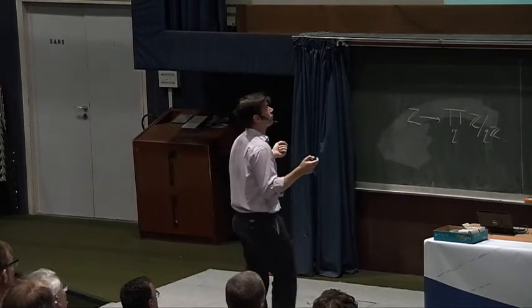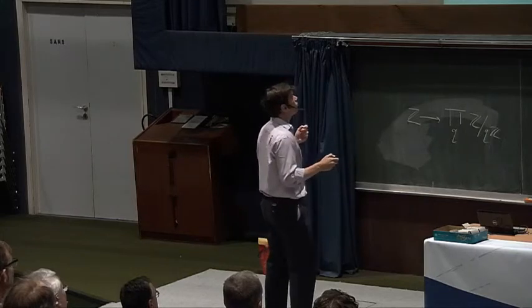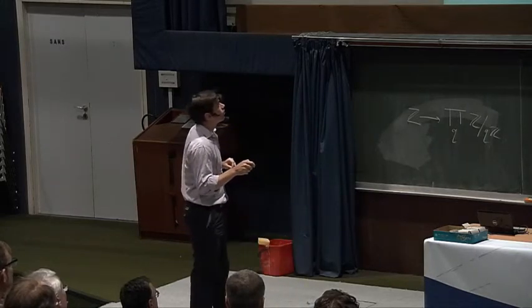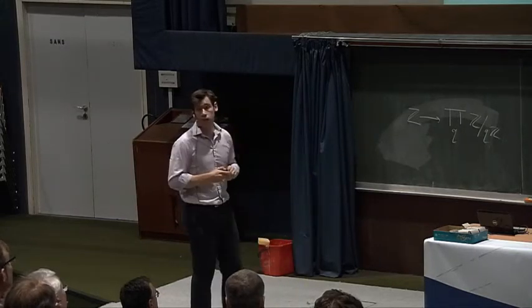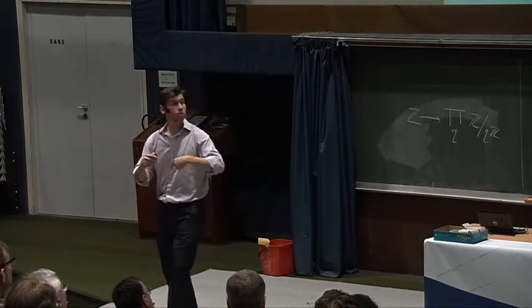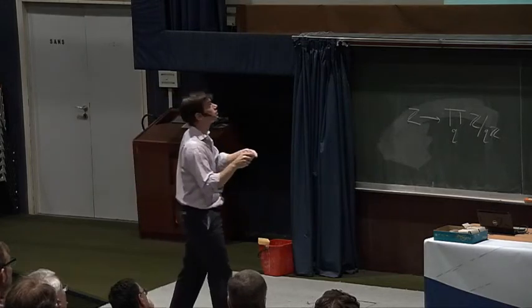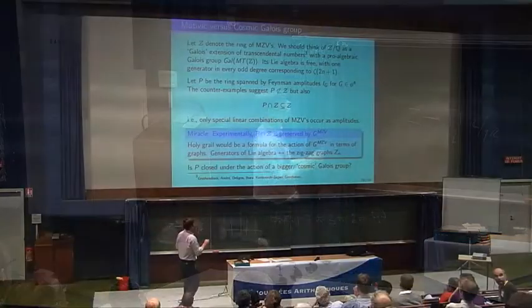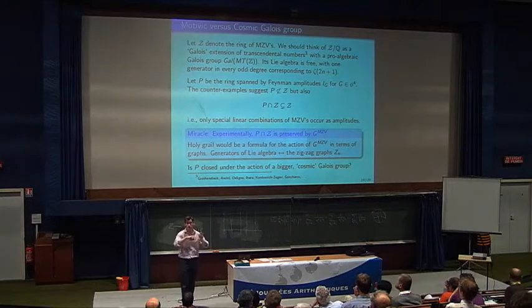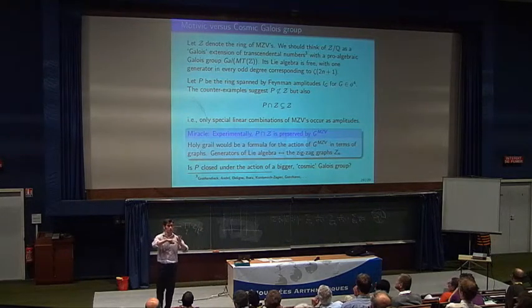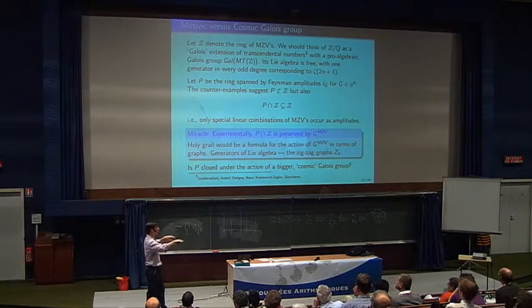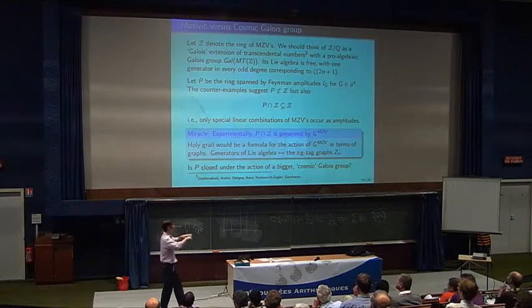We don't even get all multiple zeta values. But what we can do is play the following game. We can take the combinations which are multiple zeta values, and compute the action of the motivic Galois group of multiple zeta values. And as we saw at the beginning, we had this N35, this very strange linear combination with 261 and strange numbers in it.